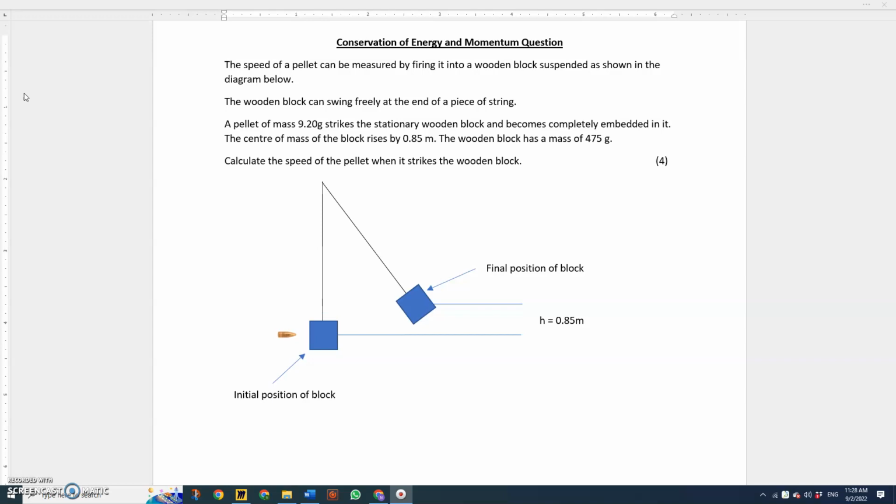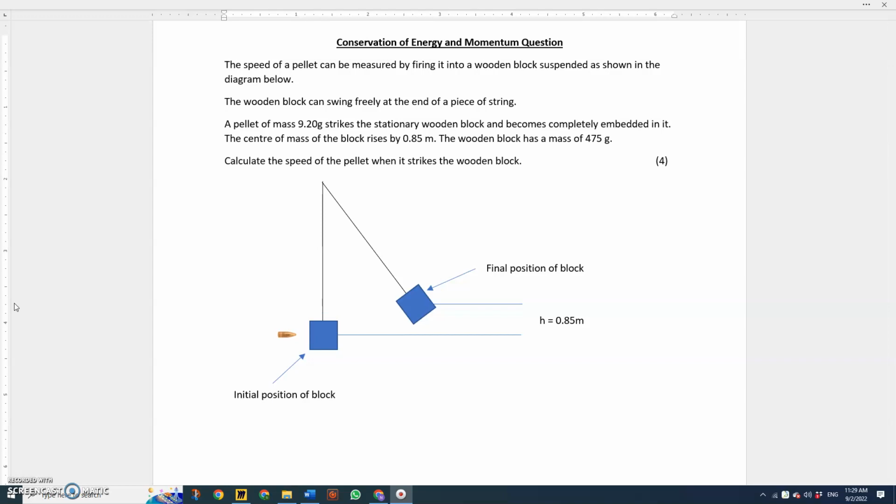It strikes a stationary wooden block and becomes completely embedded in it, and the centre of mass rises by 0.85 meters, and you're also told the block has a mass of 475 grams. So calculate the speed of the pellet when it strikes a wooden block.